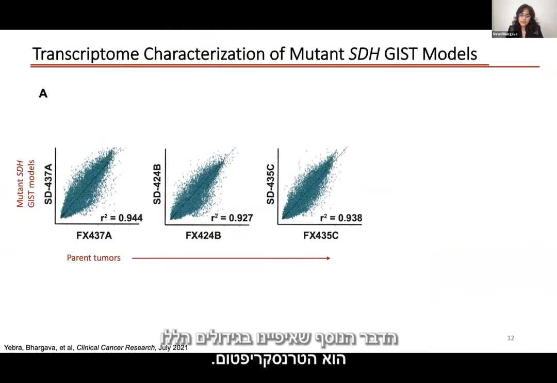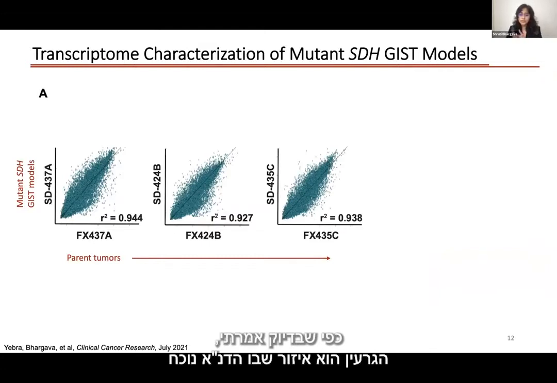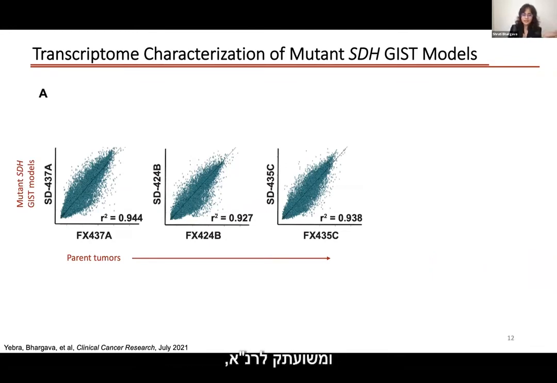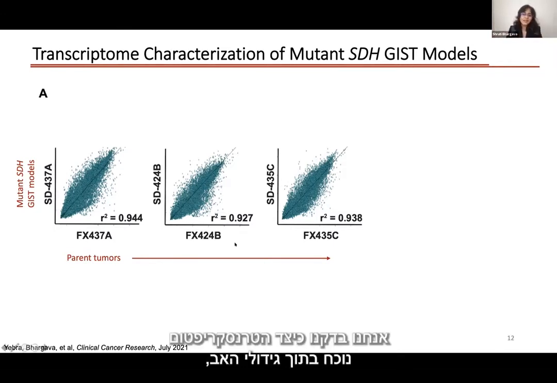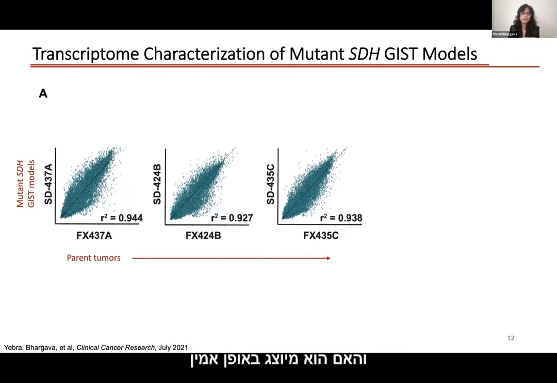The other thing that we have characterized in these tumors is the transcriptome. As I was just saying, the nucleus is the region where DNA is present, and that is transcribed into RNA, which then goes into proteins, which are like the frontline workers in the cell. We were checking how the transcriptome is present inside the parent tumors, and whether it is reliably reflected in the SDH mutant models that we have established.